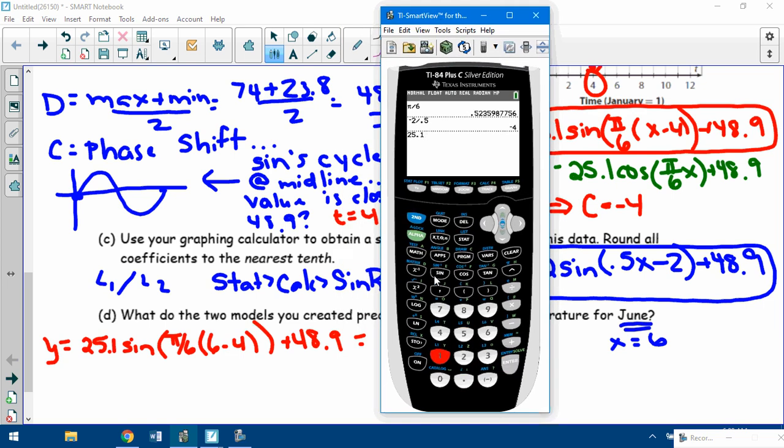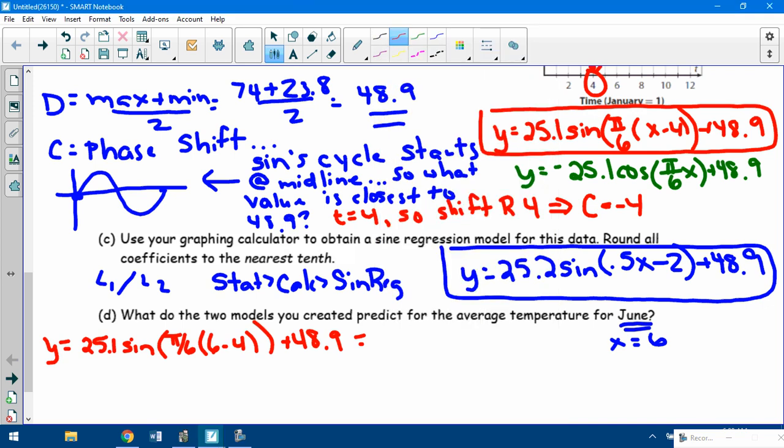25.1 times the sine of pi over 6 in parentheses 6 minus 4, you could just write 2. Make sure you do double parentheses there, plus 48.9, and I get about 70.6 degrees.